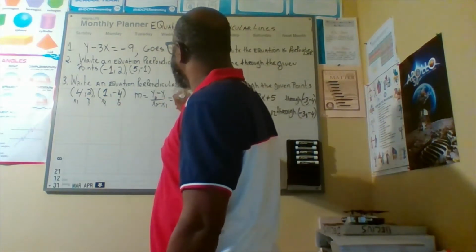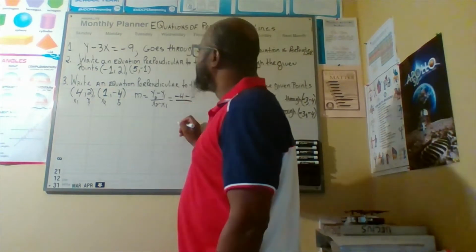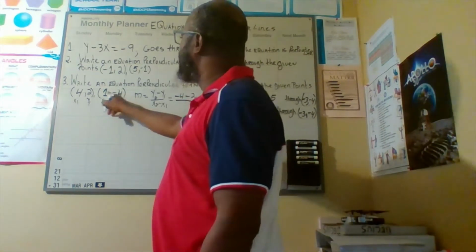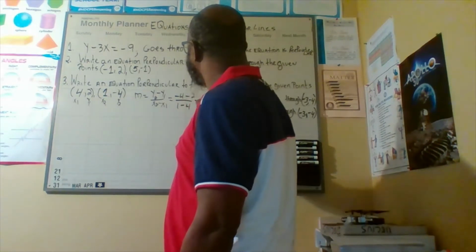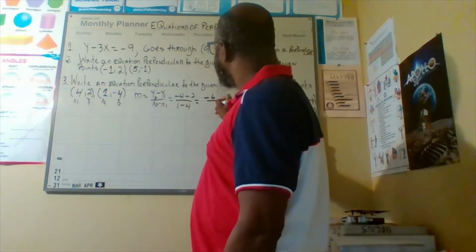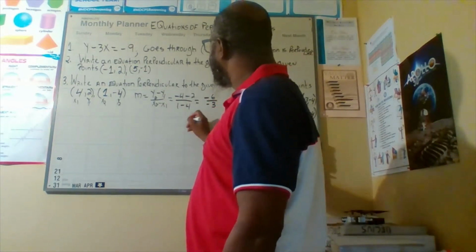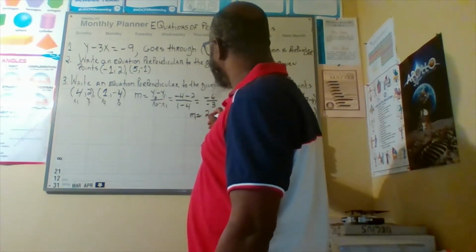So that will be negative 4 minus 2 over 1 minus 4. You will end up with negative 6 over negative 3. In this case, m1 is positive 2.